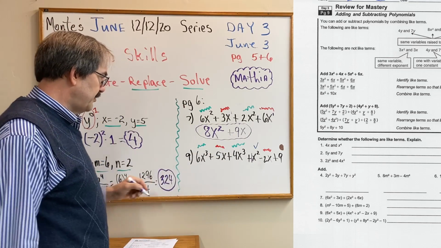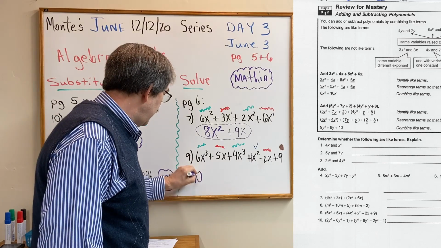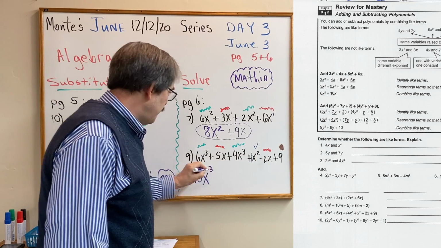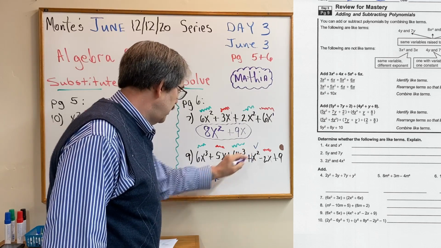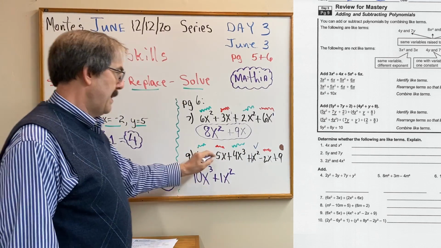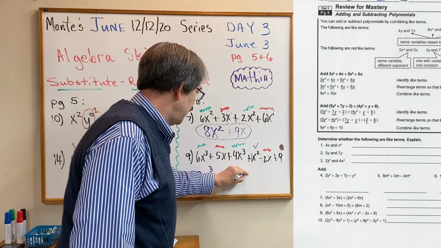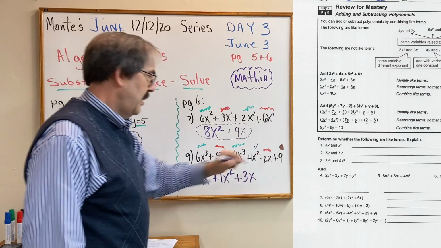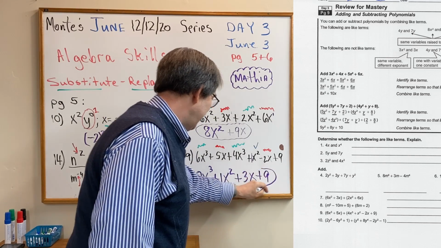Okay, let's write our answer out. 6x cubed plus 4x cubed is 10x to the third power, plus 1x squared, 5x minus 2x, and that constant 9.